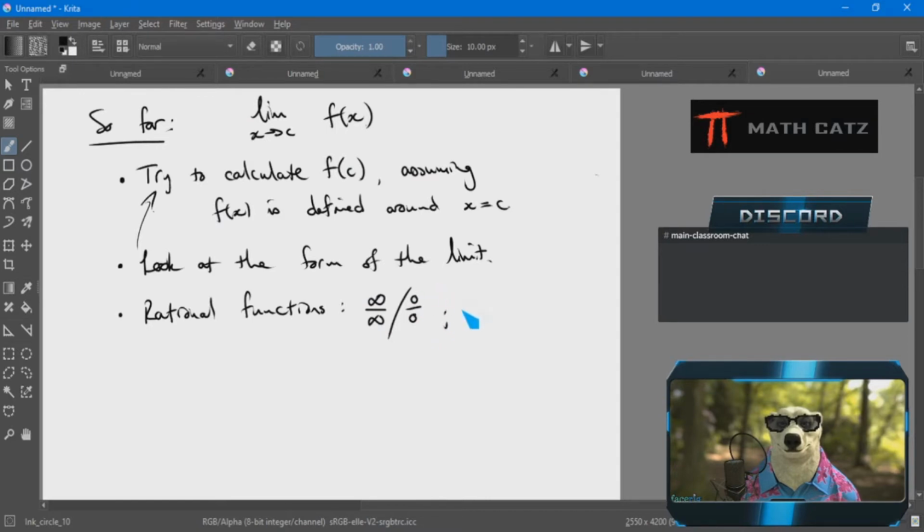I can get a number, I'll write it as k, non-zero over 0, or I can get 0 over some non-zero number k. Those are really the only combinations I could get, right?